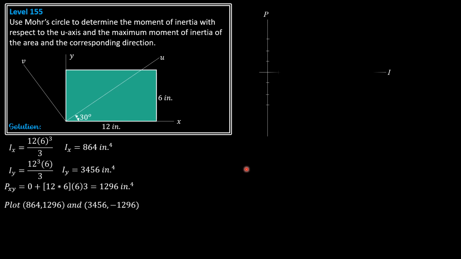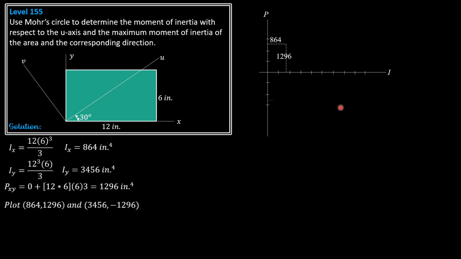So let's plot it on the diagram shown. Imagine that each graduation is 500. So 864, comma 1296 would be there. Then the other one, 3456, somewhere here.